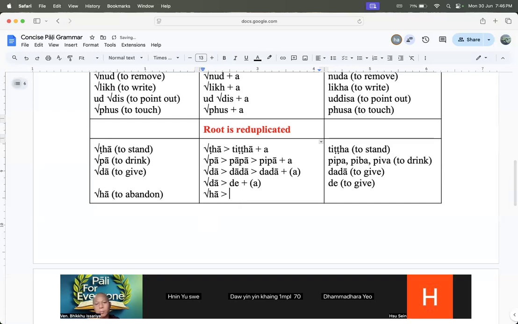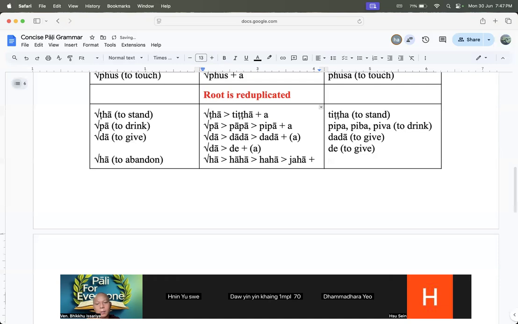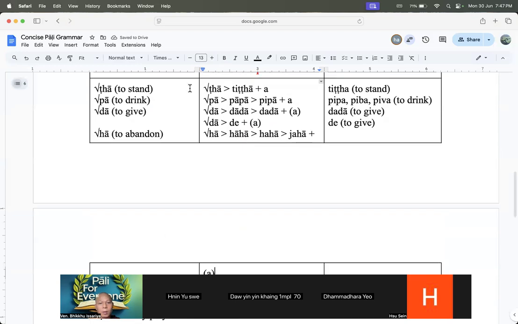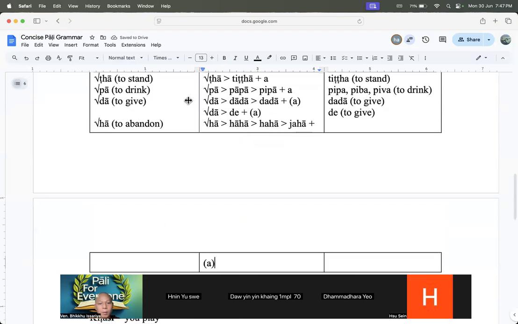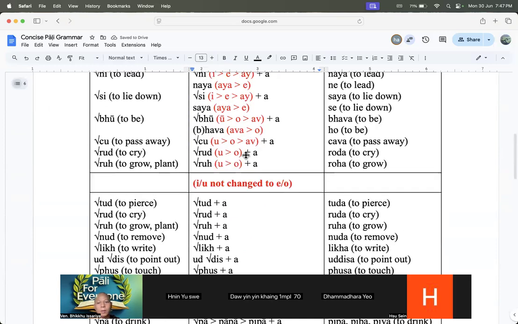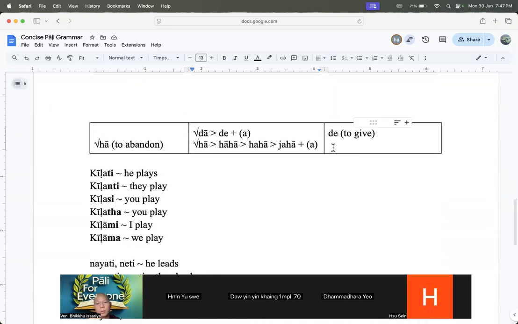So, become the ha, and then, so reduce, R becomes short, ha, and then ha become ha. So after that, a sign. But these are also, okay, these are also reduced.